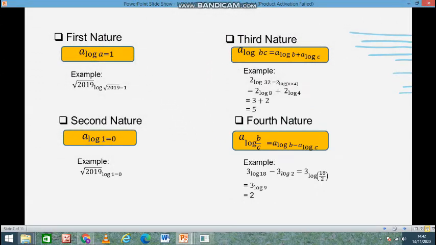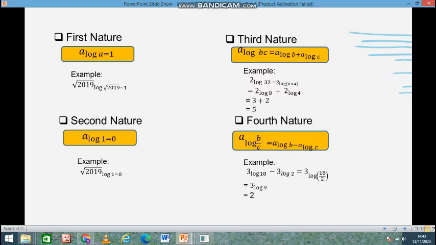Third, a log b times c equals a log b plus a log c. So, when finding the logarithm of a numerus in the form of multiplication, it can be written as the sum of the logarithms with the same base.